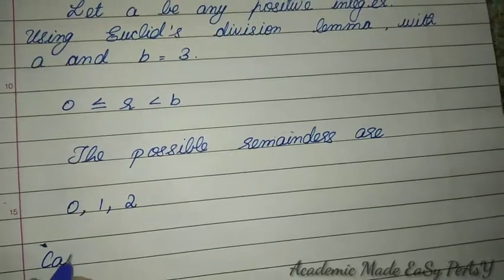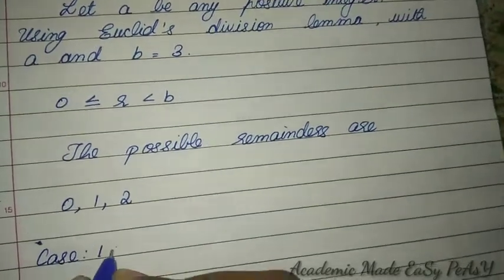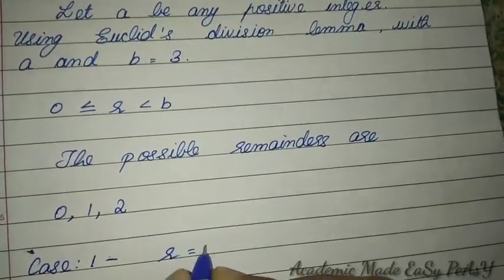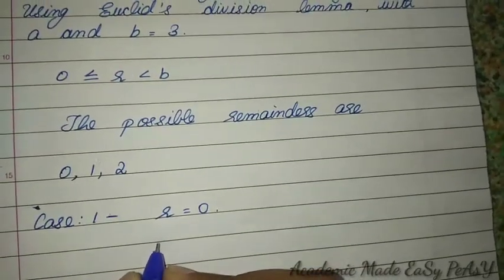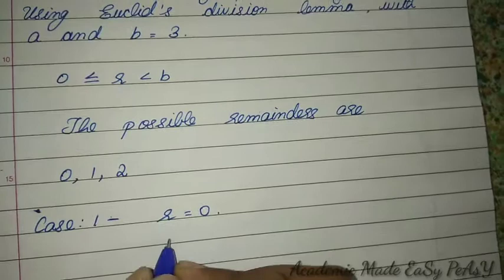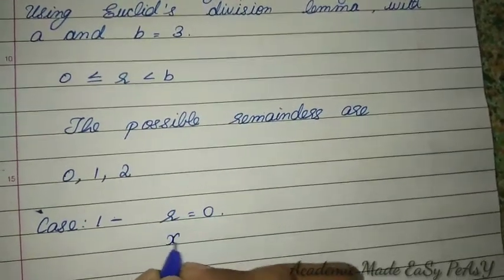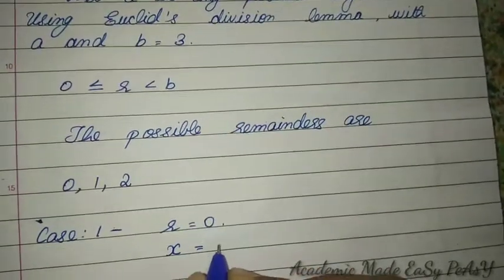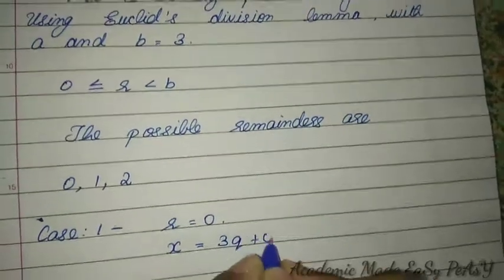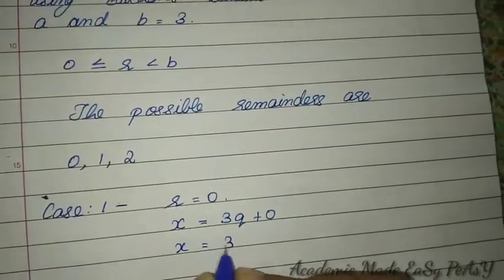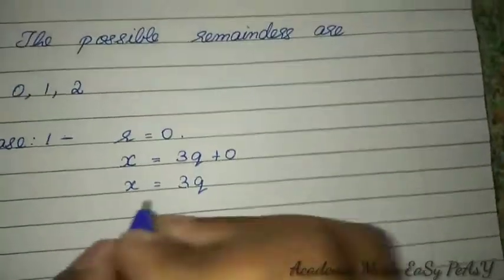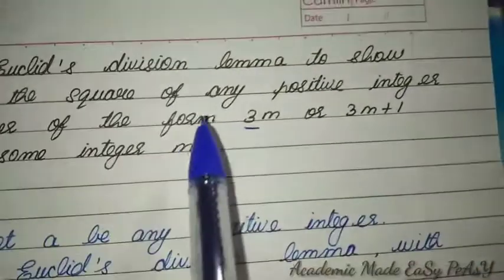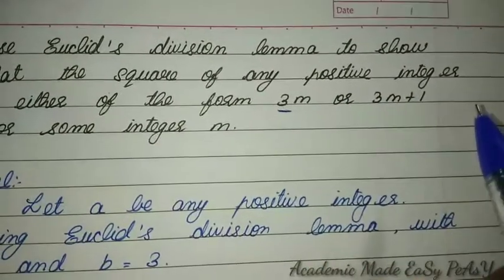So in case 1, I'm taking r is equal to 0. Okay, so I'm not taking directly a. I'm taking x is equal to 3q plus 0, where x is equal to 3q. I'll tell you the reason why I took x. Now they have said the square of any positive integer.